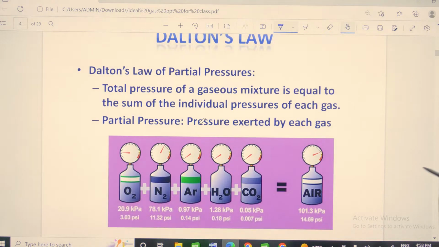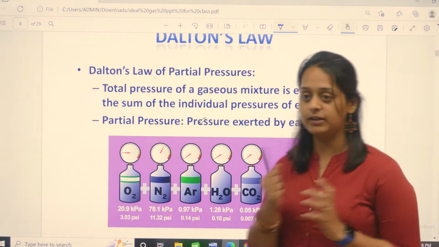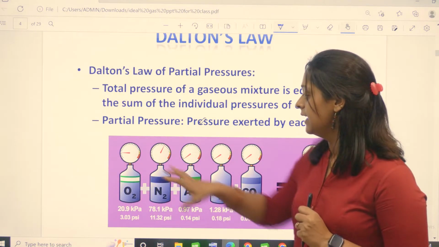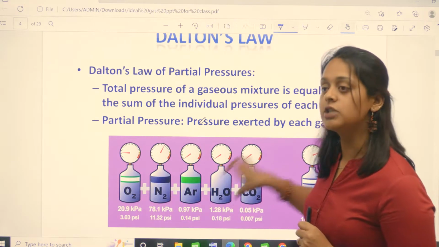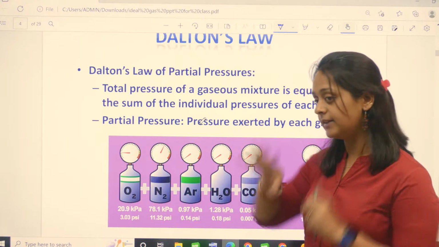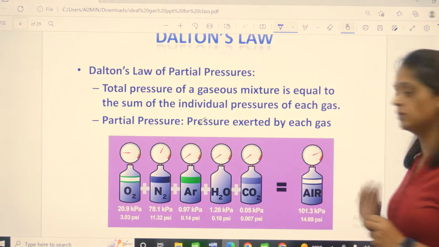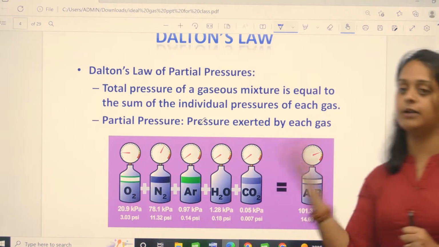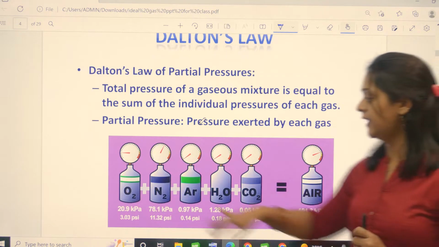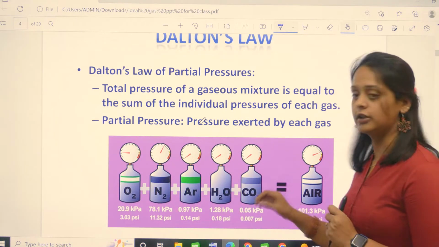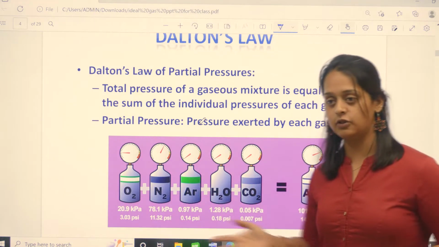The next thing which we did was Dalton's law. If you remember, in Dalton's law, we said that the individual pressure of each of the gases present in that particular system adds up to the total pressure. If I think about the atmosphere, it has oxygen, nitrogen, argon, water, carbon dioxide. This is the composition of air.